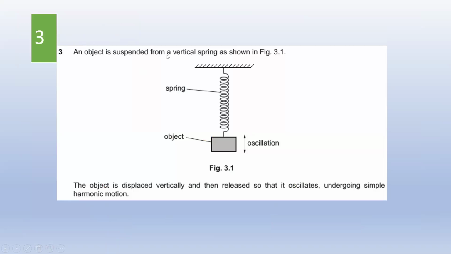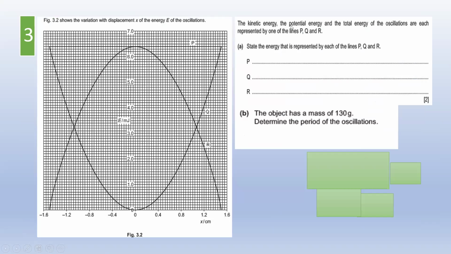An object is suspended from a vertical spring as shown in figure 3.1. The object is displaced vertically and then released so that it oscillates, undergoing simple harmonic motion. Right? These are the formulas given for simple harmonic motion in the formula sheet. Kinetic energy, potential energy, and total energy of the oscillation are each represented in one line, P, Q, R. State the energy that is represented by each of them.